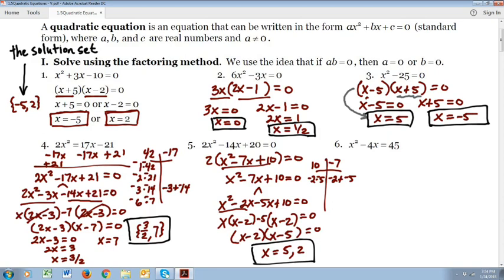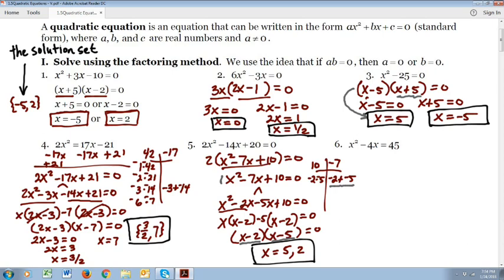Now I want to point out something here. If you don't already know this, there's actually a shortcut for a situation like here when you've got a 1 in front of the x squared. Notice the numbers that we found, negative 2 and negative 5, and right here we had x minus 2 and x minus 5 when we got this factored.